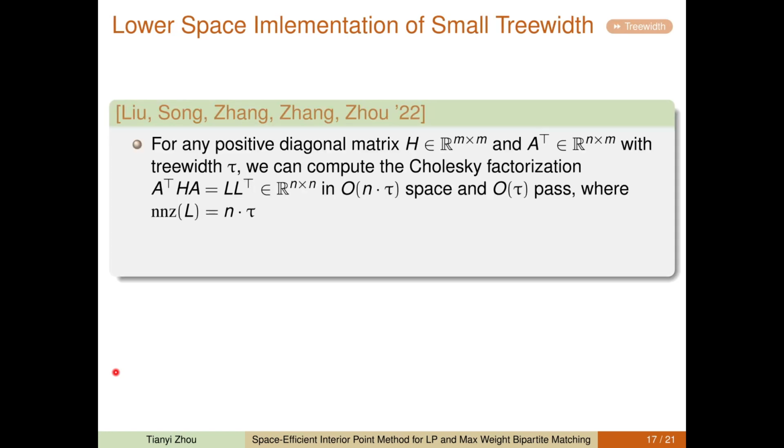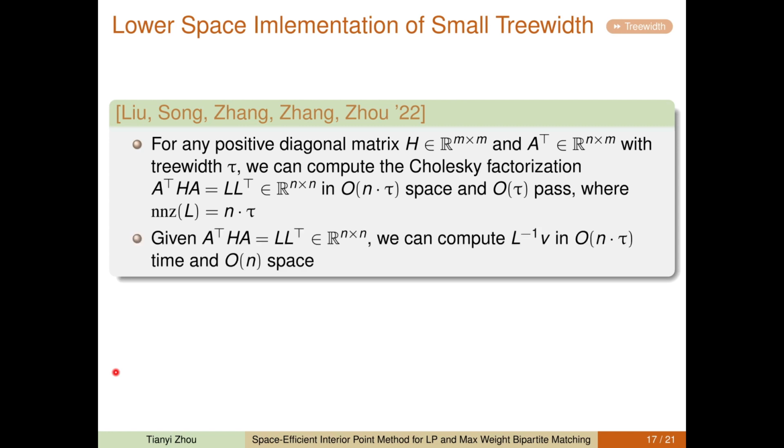We first introduce the key lemma of why small treewidth can be leveraged to reduce the space cost. For any positive diagonal matrix H and A with treewidth tau, we can compute the Cholesky factorization of A transpose times H times A as L times L transpose in n times tau space and tau passes, where L is a lower triangular matrix and L has tau nonzeros in each column.